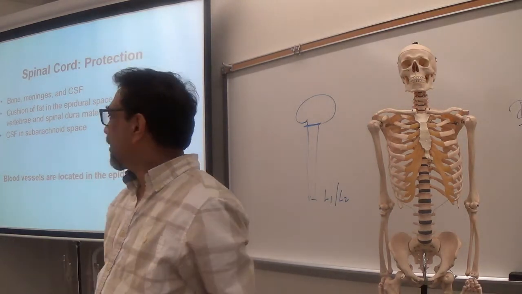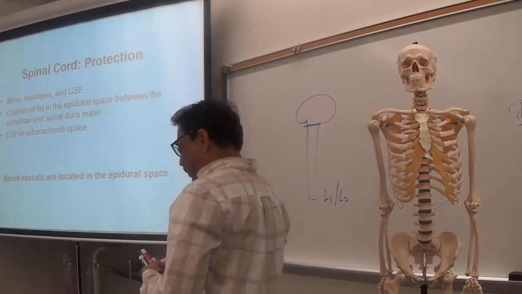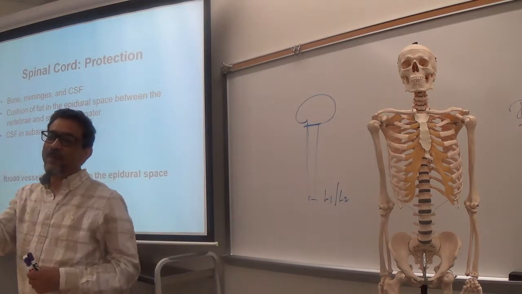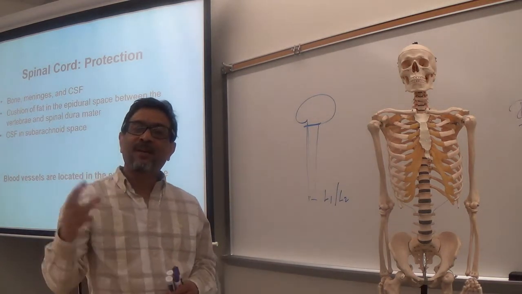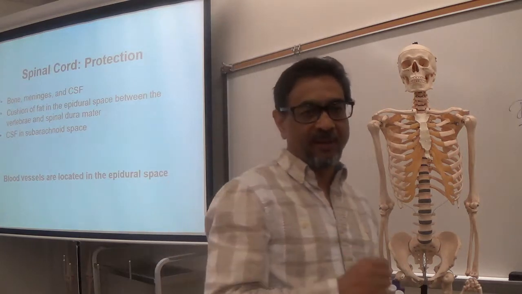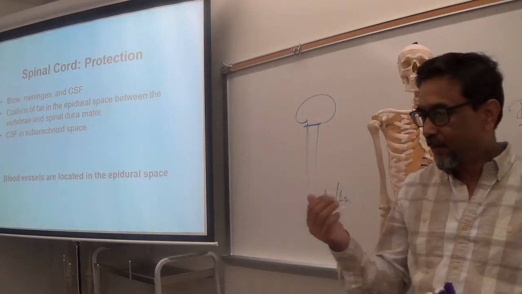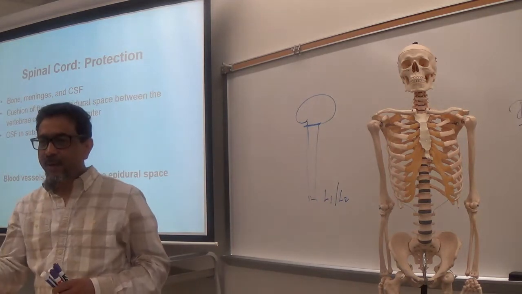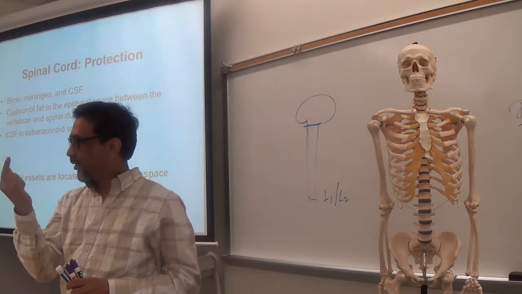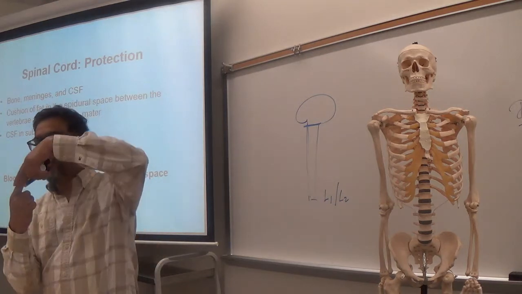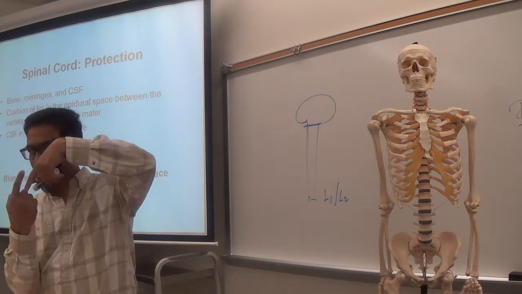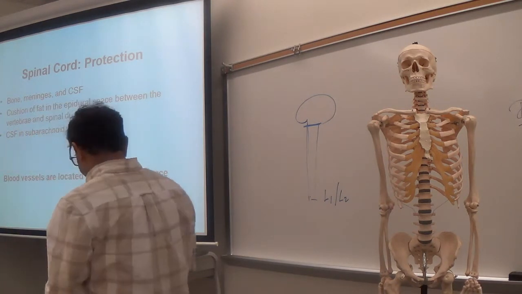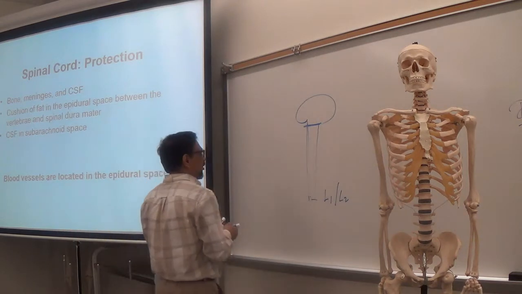We know that. Around the spinal cord, like your brain, you have three layers of meninges or three meninges. Outermost is the toughest one, which is what? Dura. And middle one, arachnoid, and innermost, pia. Okay? Pia mater is attached to the spinal cord. Okay? So you have three layers of meninges.